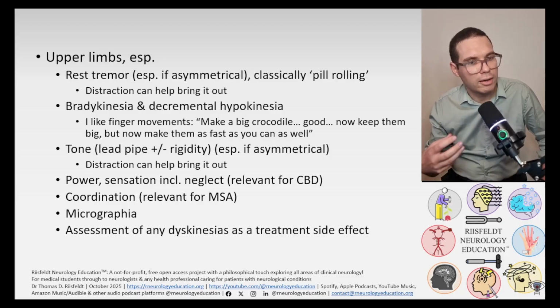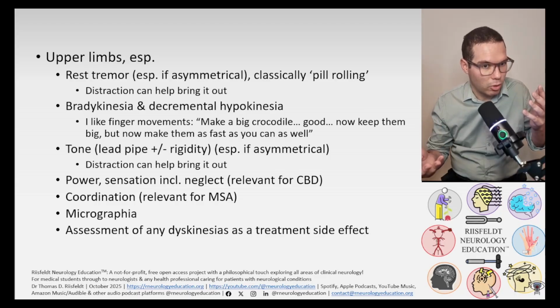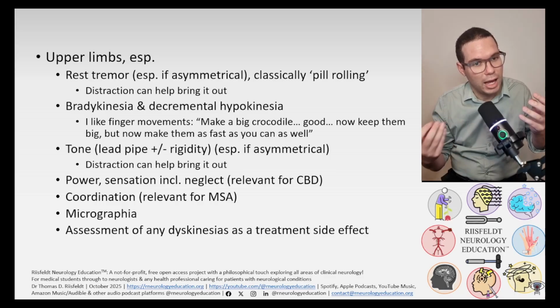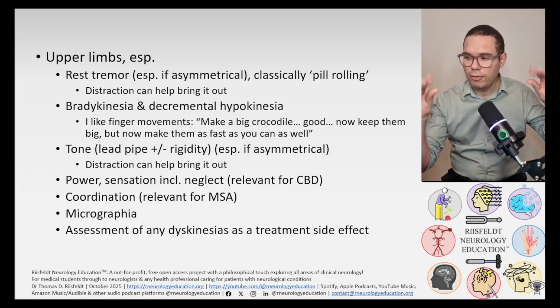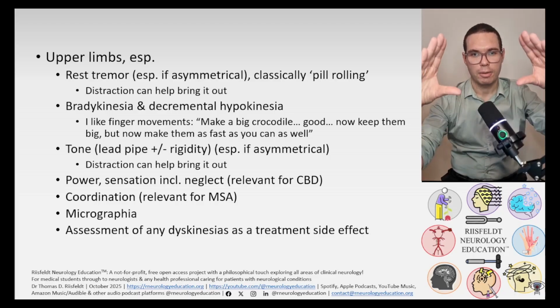Then importantly, very important, you need to examine for bradykinesia and also decremental hypokinesia. So how do you do that? So we're talking at this point in the examination in terms of hand movements, and there's a few different ways you can do it. I like to do it with finger movements, and one way that I like to do it is by making big crocodiles.